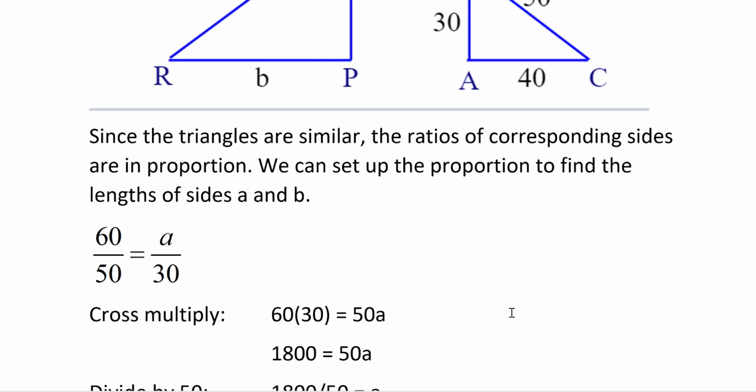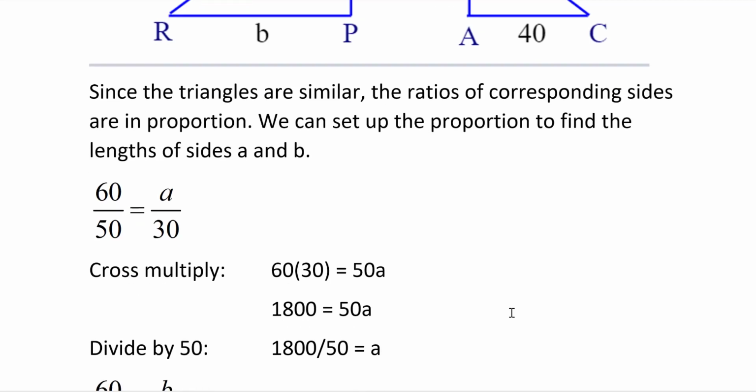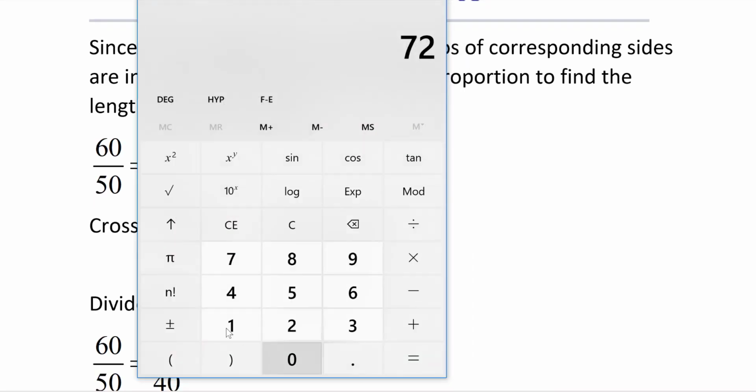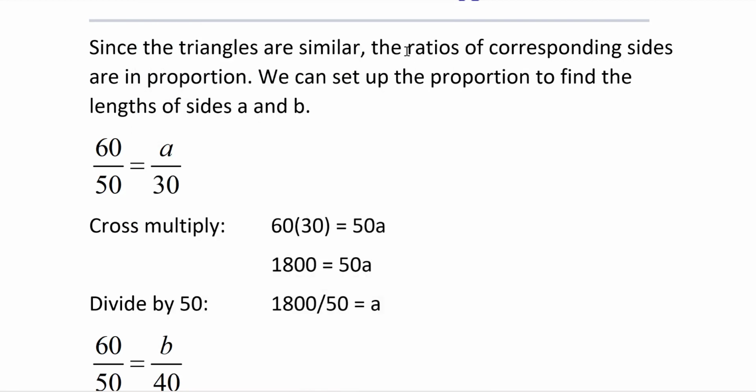Cross multiply, simplify the left side, divide both sides by 50. So the length of side A is 36.